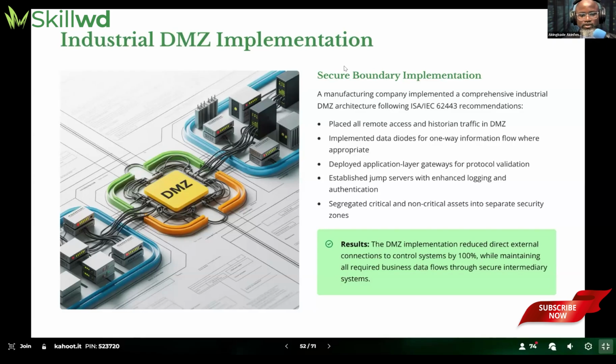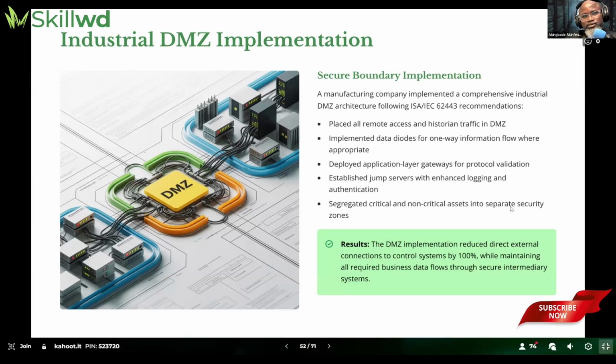So the idea with this is you're segmenting the network in a way that, if there was a breach somewhere, you can know that not every part of your network is affected immediately in real time. So that's the idea around industrial DMZ in general.